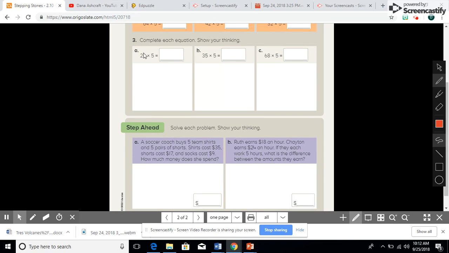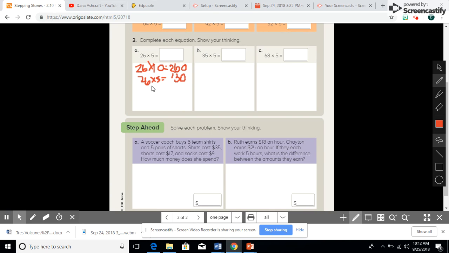Number 3 just says to complete each equation and show your thinking. So if you like this 10 strategy, you can show your thinking by saying 26 times 10 equals 260. So 26 times 5 equals 130.